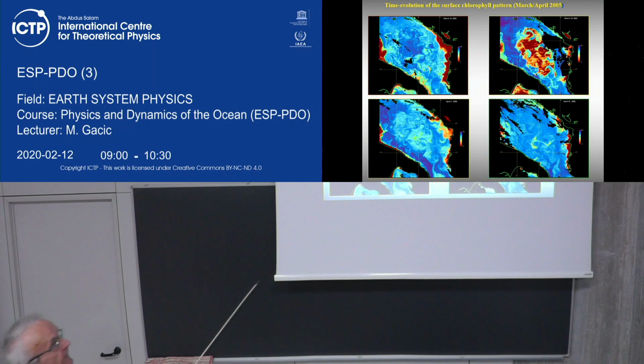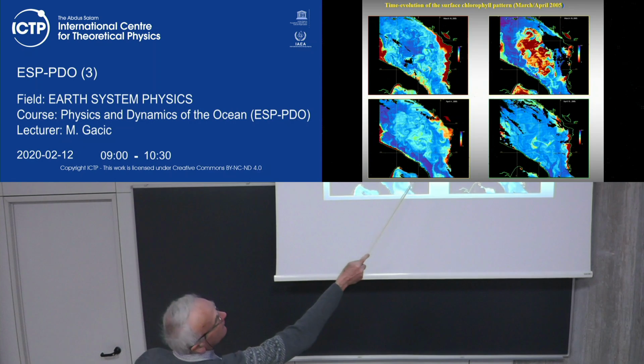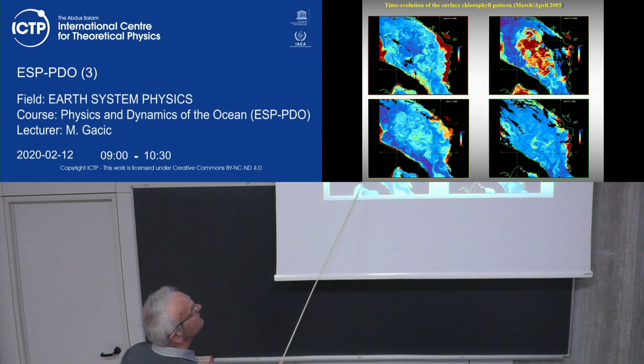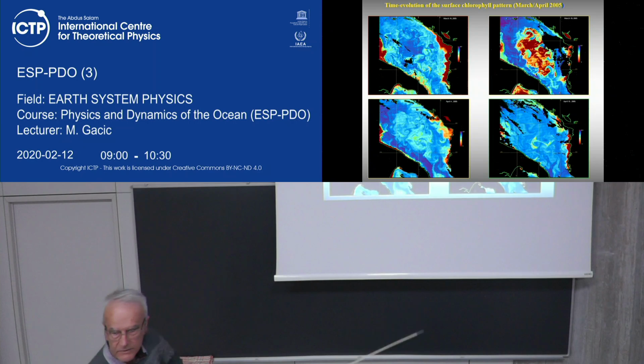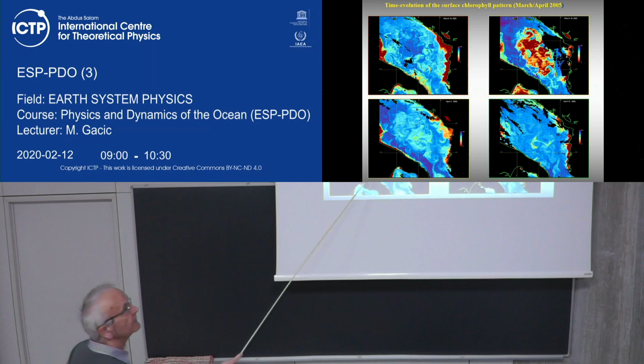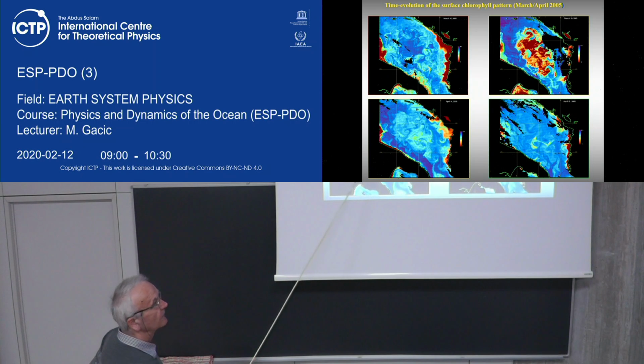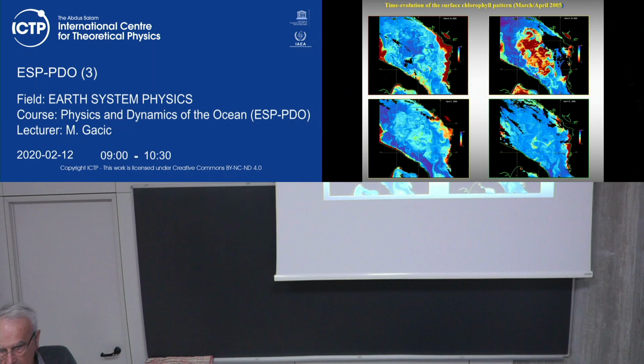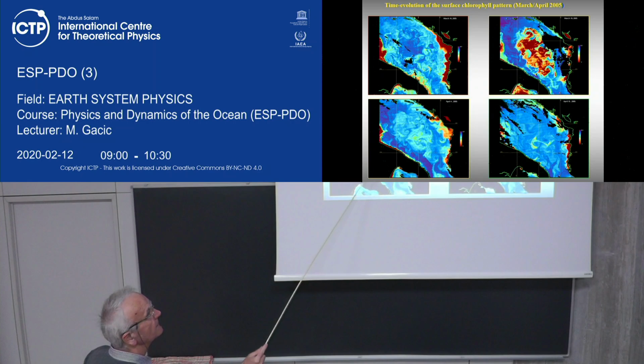And indeed, about 10 days after, you can see that the signal is very weak. There are no such strong differences in phytoplankton concentration between the borders and the central dense water formation site. Some sign of this higher concentration is still left.